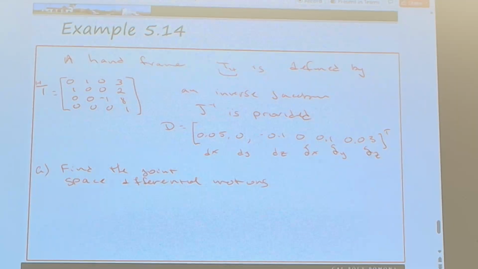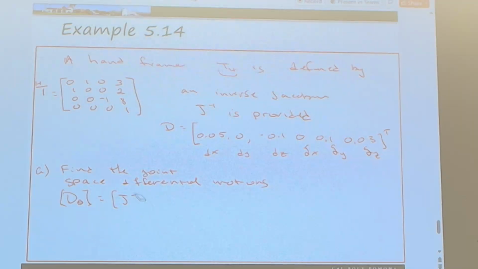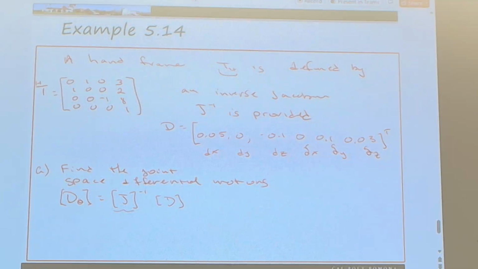So what are we looking for when I say joint space differential motions? D theta. D theta vector, or D theta matrix. So we're looking for D theta. It's going to be equal to our inverse Jacobian, times D. And if I gave you that, you could solve it by just plugging them in.